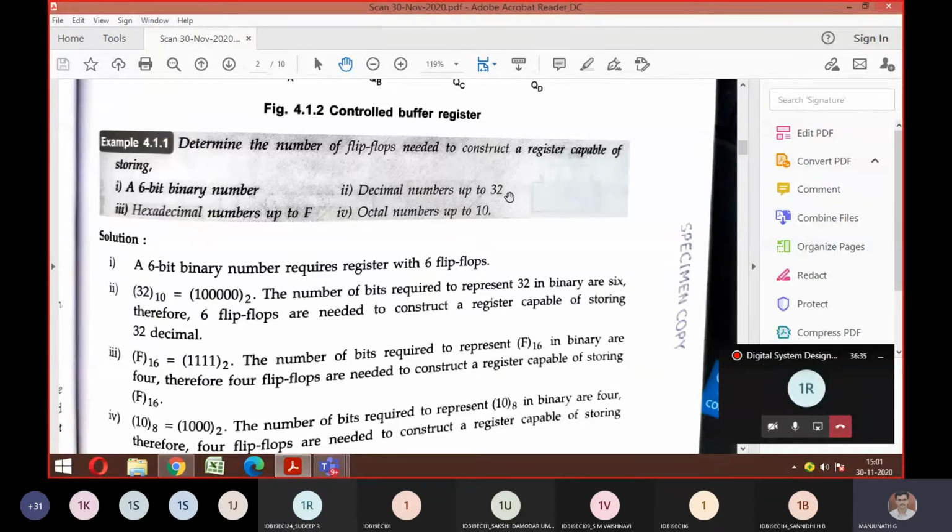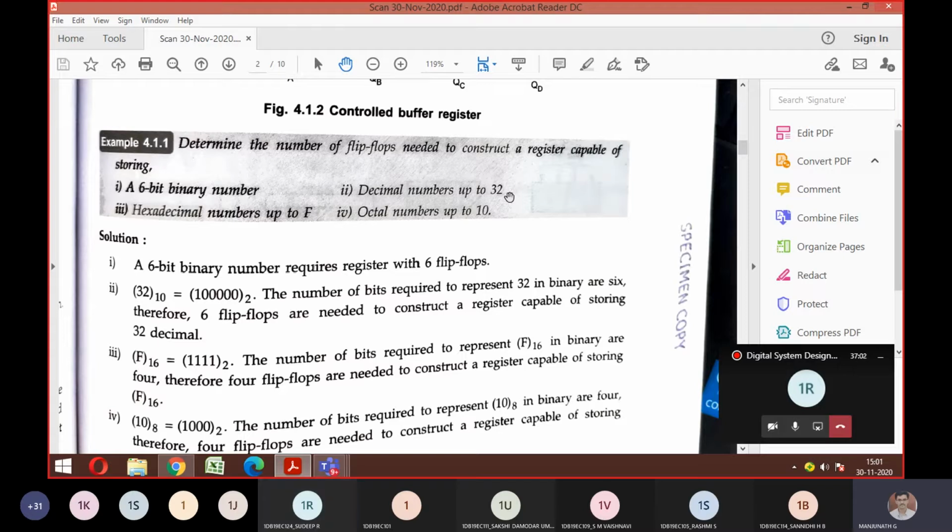If you have doubt, you can use your calculator in conversion mode, decimal to binary. If you give decimal number 32, the binary equivalent is 1 followed by 5 zeros. Is it correct? Am I clear till now, everyone? Yes, sir.